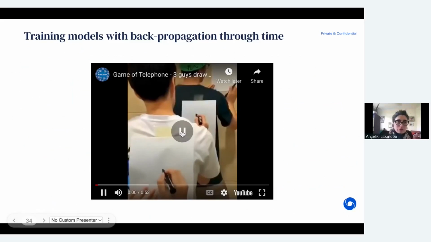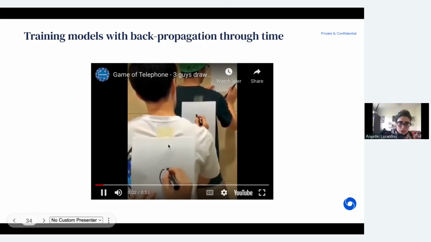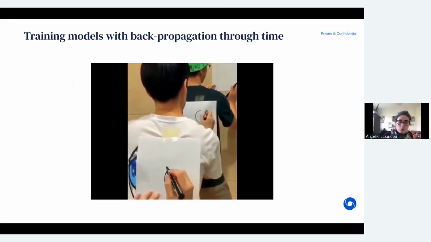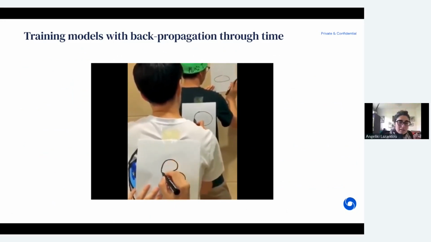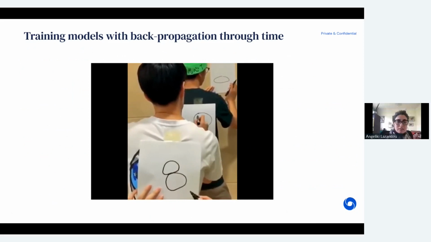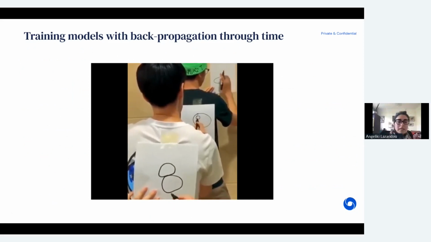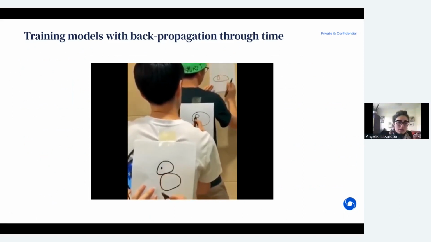So I want to give you just an intuition of why it's very difficult to use backpropagation, which is the standard learning algorithm to train neural networks. The idea is that the longer the sequence over which you need to propagate a signal, the more difficult it becomes for that signal to be propagated without noise.